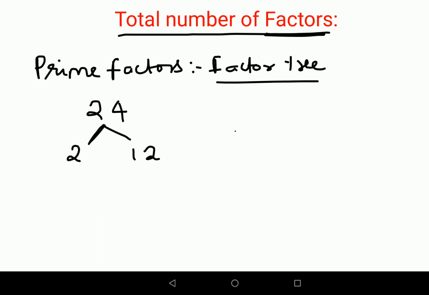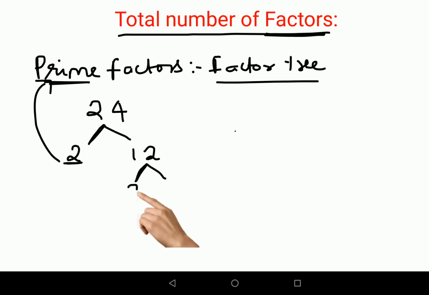So 2 into 12 gets you 24. Now this 2 is a prime number, so we don't need to factor it further, but this 12 can be broken down further because it's a composite number. You need a prime number. So 12 can be written as 2 and 6, because 2 into 6 gets you 12.